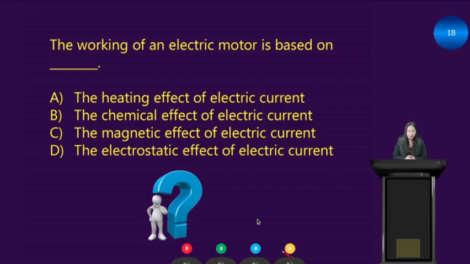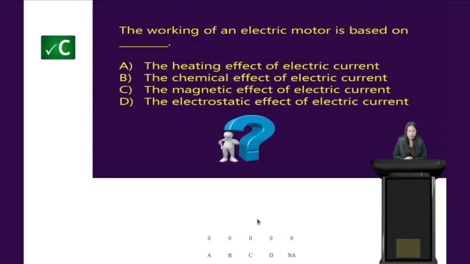Heating effect of electric current, chemical effect of electric current, magnetic effect of electric current, and electrostatic effect of electric current. Alright students, your time is up, and yes, very good. The correct answer is option C, that is magnetic effect of electric current.